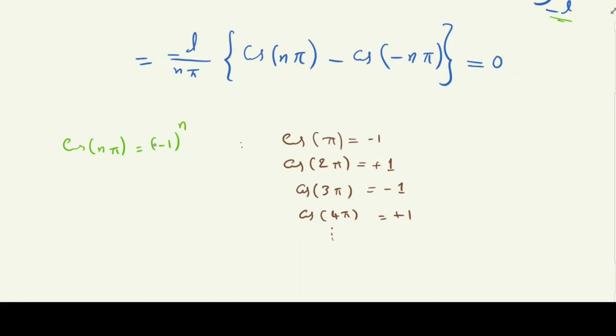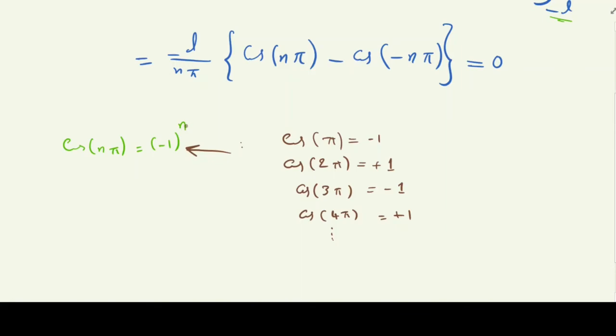So then this equation that I have written here on the left is going to be valid, because if n is odd, we're going to get minus 1 to the power of some odd integer, which is going to be minus 1.